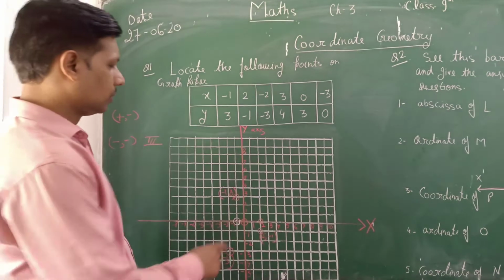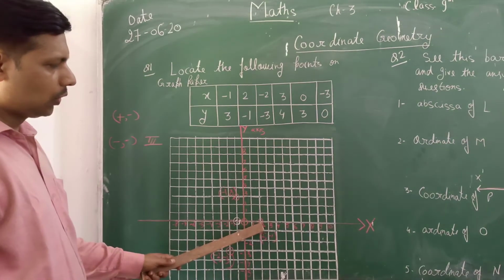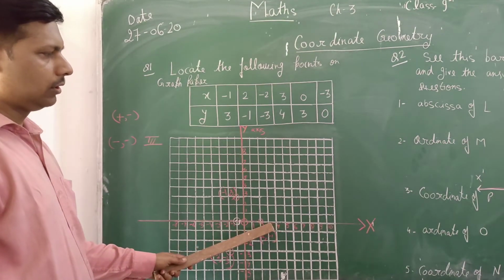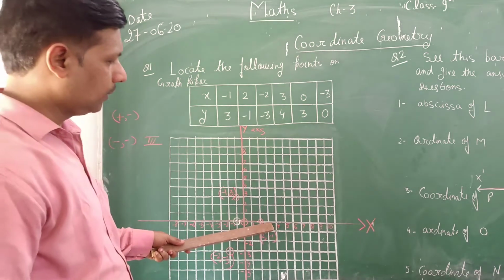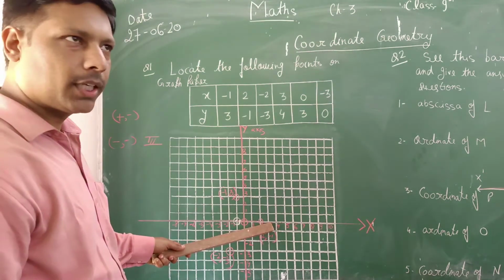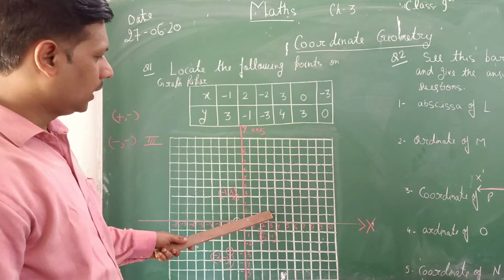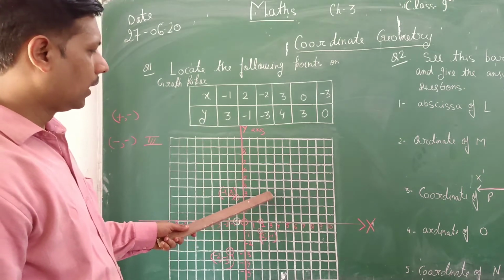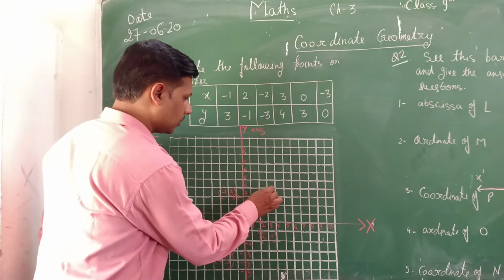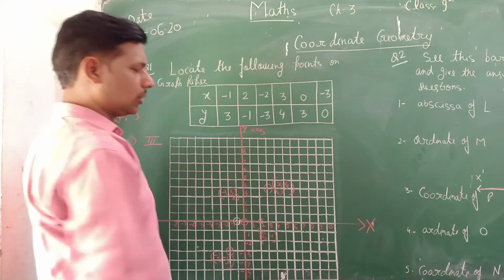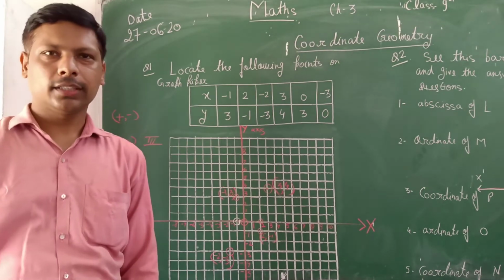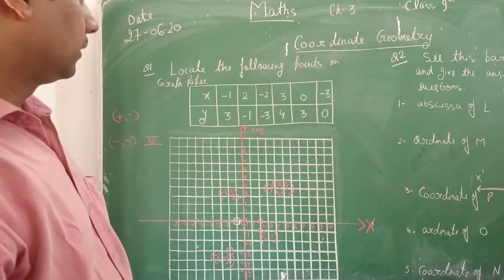So 1, 2, 3 on the positive side of the x-axis. After coming here, move upside 1, 2, 3 and 4. So we are on this point (3, 4). Is it clear? Okay.